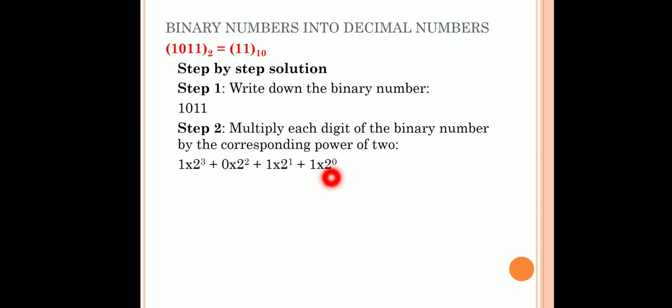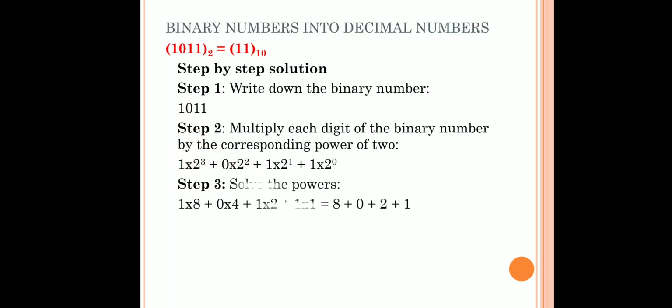You can see here you will multiply the first rightmost digit 1 into 2 to the power 0, then the second 1 into 2 to the power 1, then the third 0 into 2 to the power 2, and 1 into 2 to the power 3. Then after you will evaluate it.